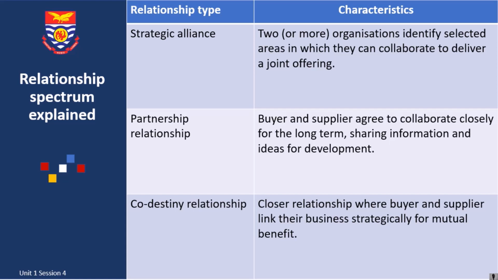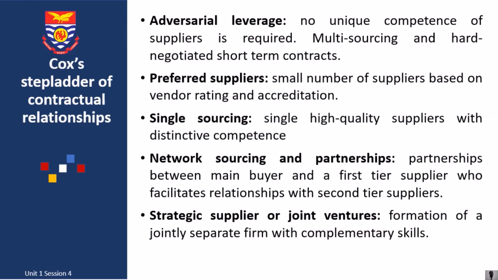Then we have partnership, where the buyer and supplier agree to collaborate closely for a longer term, thereby sharing information and ideas for development. Then we have co-destiny relationship, where the buyer and supplier develop closer relationships strategically for both their benefits.